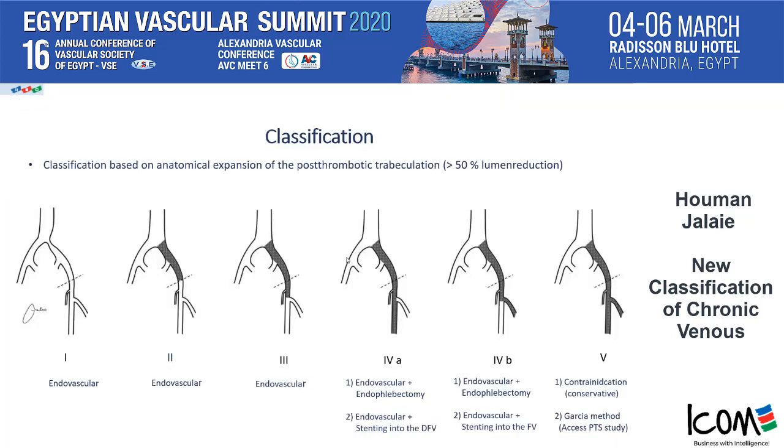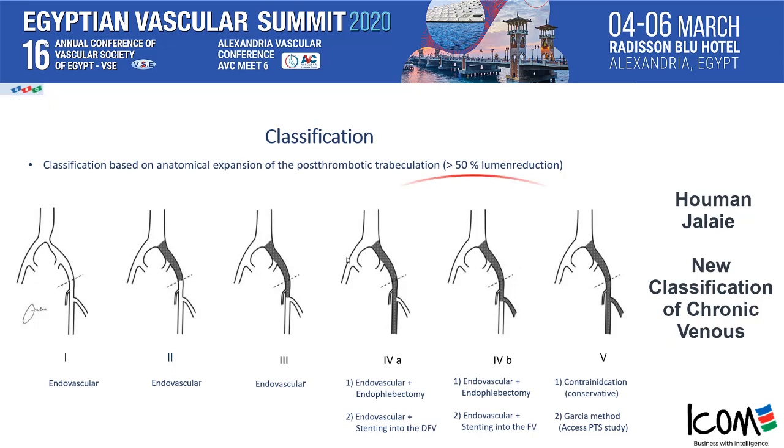So this is the classification, and we use it also for recommendation of treatment. Group 1 needs only an endovascular treatment. Group 2, endovascular. Group 3 can be also managed in an endovascular manner.